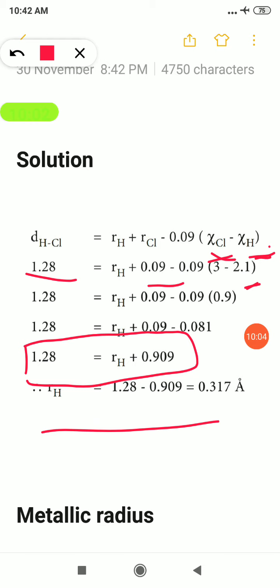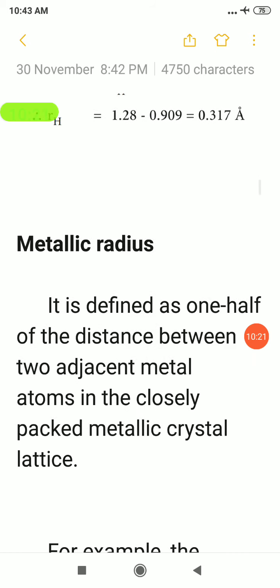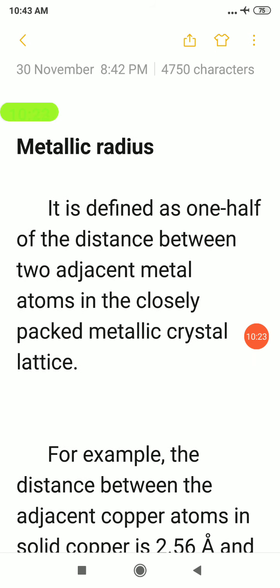Okay, so this is the method of calculating the radii using the Stevenson-Schomaker equation. Any doubt here? I think there will be no doubt since it is an easy concept. Okay, with covalent radius completed, now we move on to the next topic, metallic radius. It is the same as the covalent radius, but with a slight difference.